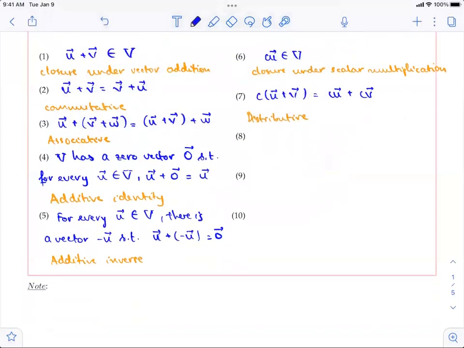The next property is that if you have two scalars and apply their sum on a vector, (c plus d) times u is equal to c times u plus d times u. This is also a distributive property.